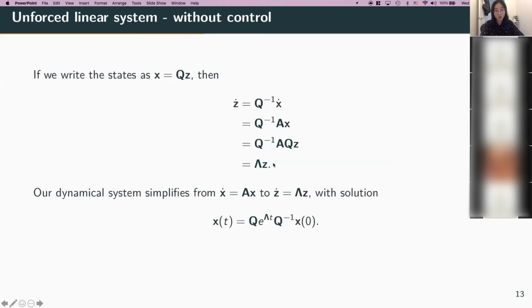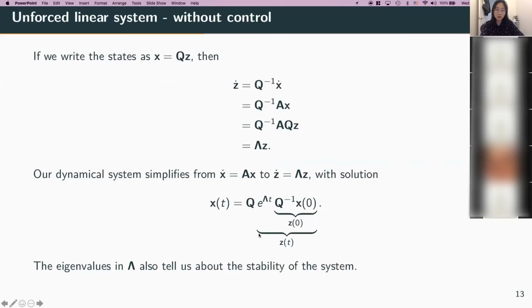And then furthermore, if we write the solution of the ODE in terms of the eigen decomposition of A, then it's very intuitive because the solution is formed by first projecting the initial conditions into the eigenspace coordinates, and then we advance these projected initial conditions in time to t by using the matrix exponential of the diagonal matrix.